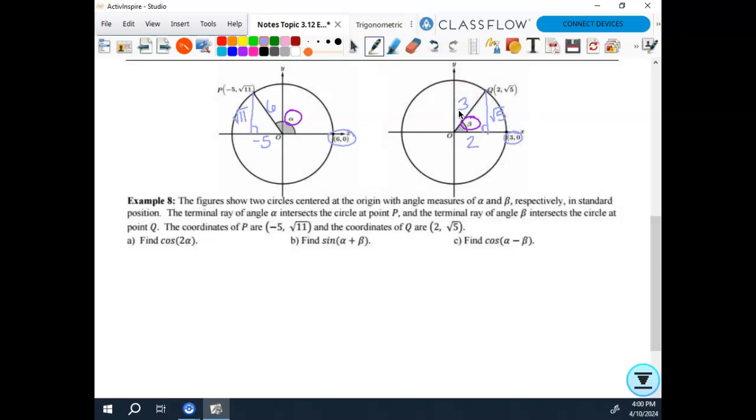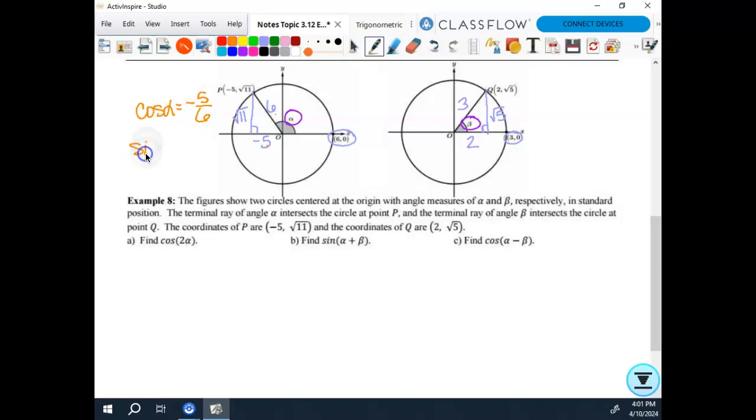Okay. So I want cosine of 2 alpha, I want sine of alpha plus beta, and I want cosine of alpha minus beta, which tells me I'm going to need sine and cosine for each one of these. So I'm going to go ahead and find those over here. Cosine of alpha is x over r, so that's -5 over 6.